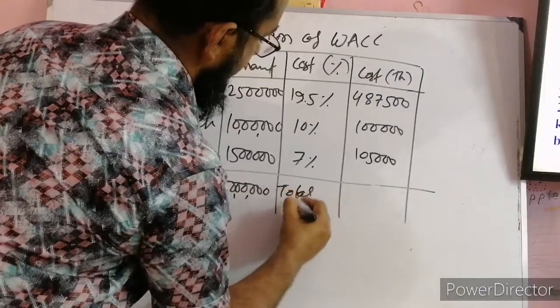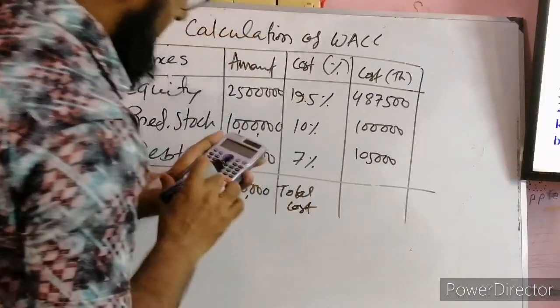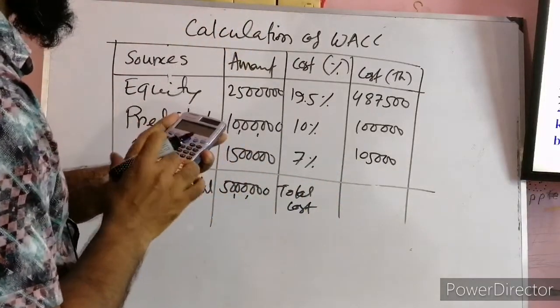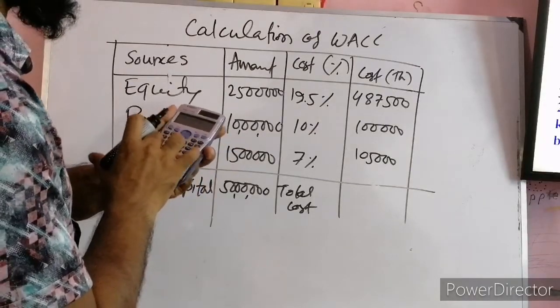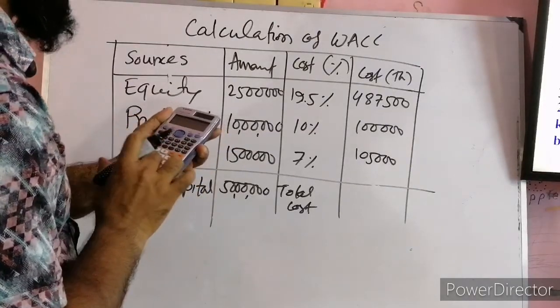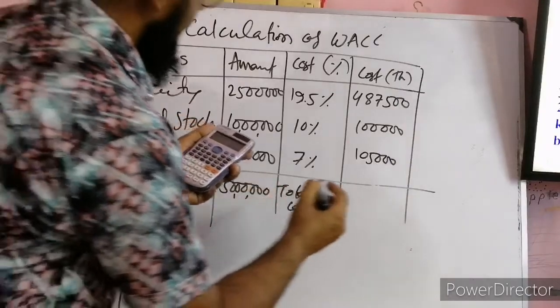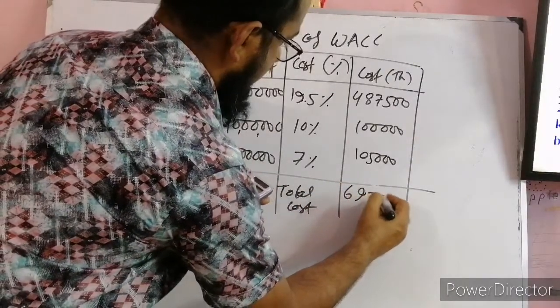These will be total cost: 1 lakh plus 4 lakh 87,500 plus 1 lakh 5,000, that is 6,92,500.